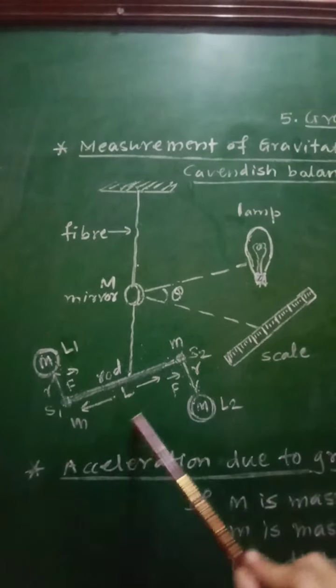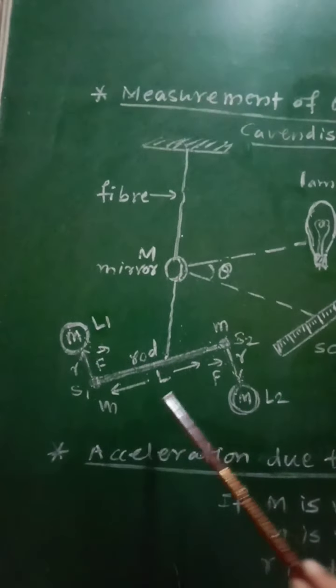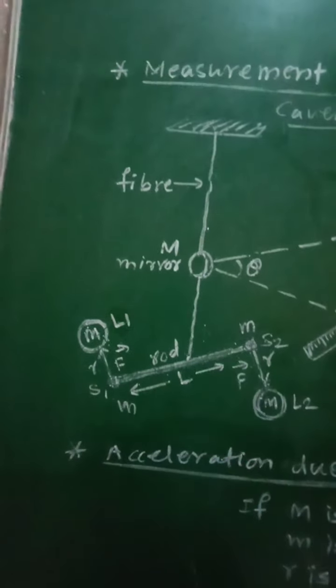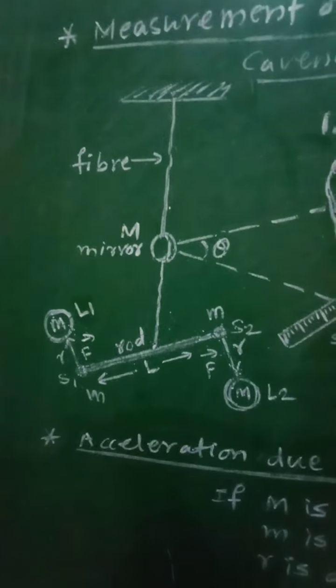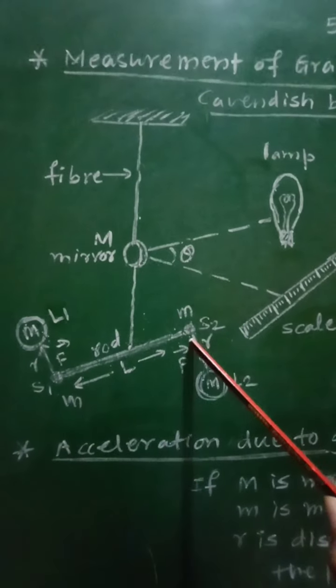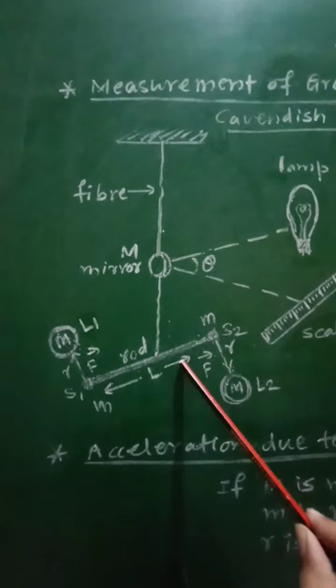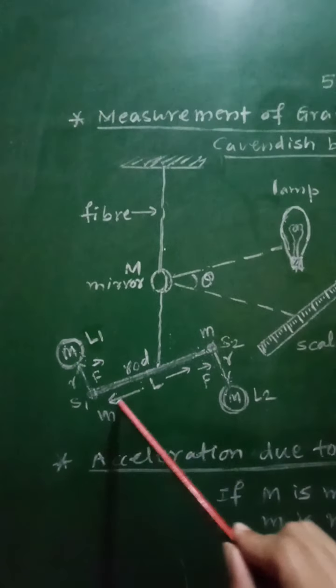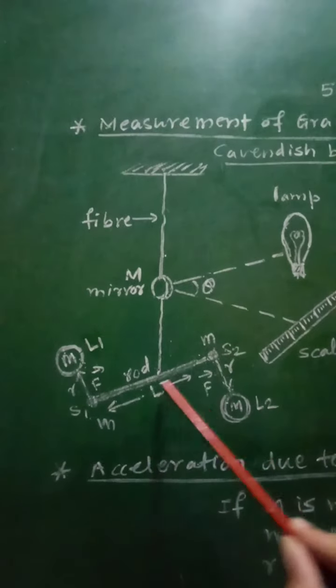Now if L is the length of this rod, that is the distance between the two small spheres, then the magnitude of the torque acting due to these forces will be as follows. This force is F, this force is also F, that is GMm by r square. According to the definition of torque, torque is the product of the magnitude of one force and the perpendicular distance between the two forces.